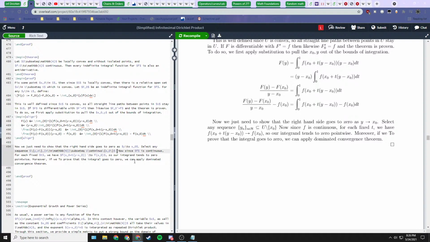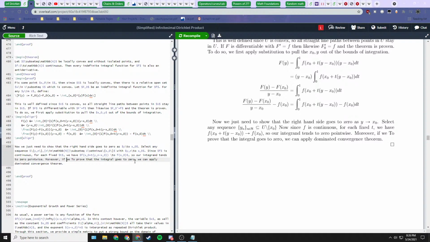And we're also going to have y sub n limit to x0. Then we notice, since f is continuous, for each fixed t, we have this limit. So if we have y sub n here, this goes to f of x0. Regardless of what t is, we have y sub n going to x0, so this difference tends to 0. So our integrand tends to 0 pointwise.